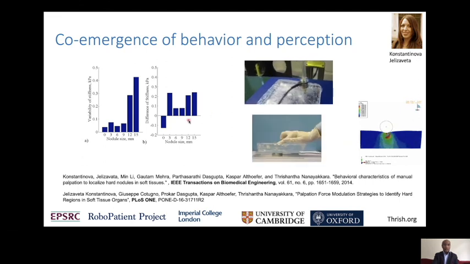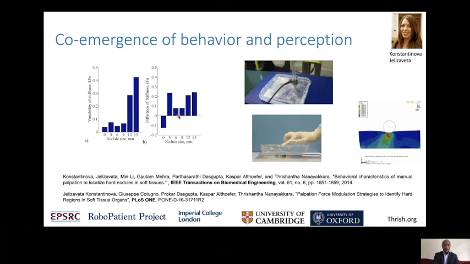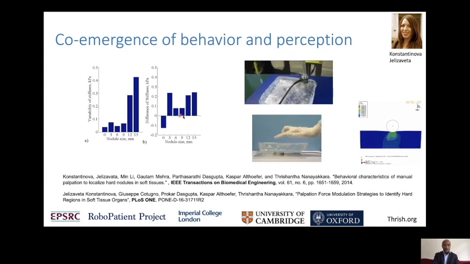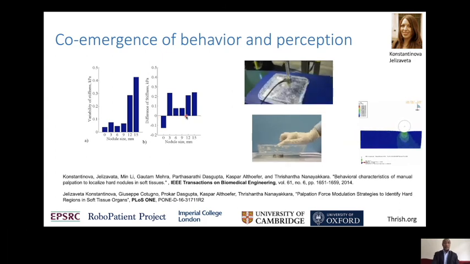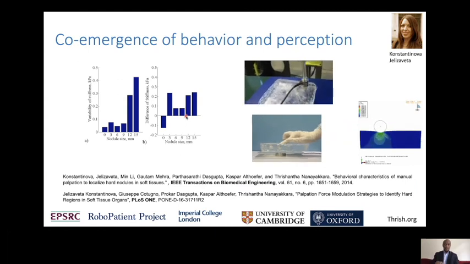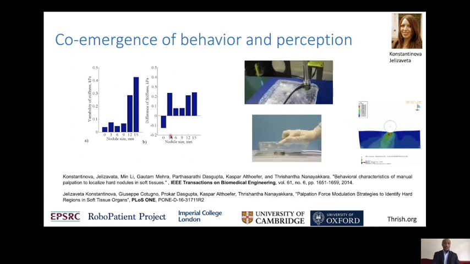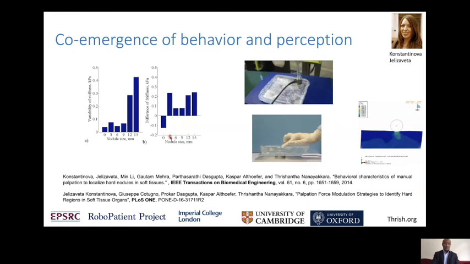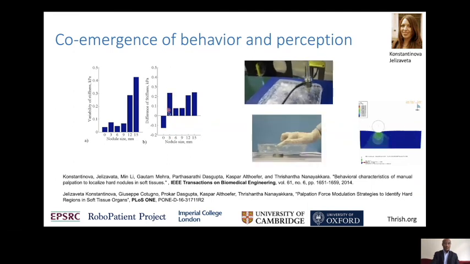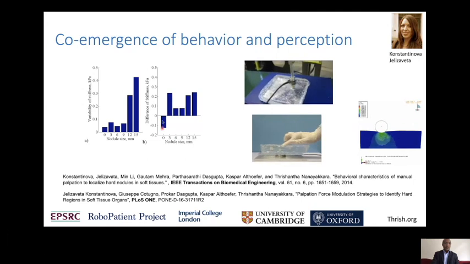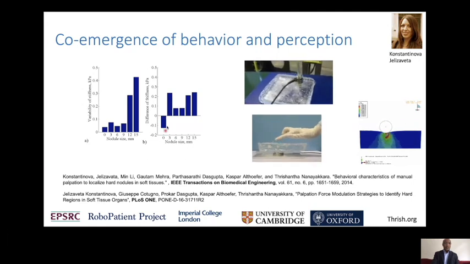What we see is that this 0 is the baseline, which is what you feel as the nodule when you just press without this wiggly movement. And then when you have this wiggly movement, if there is a nodule at a certain depth, which is 3 millimeter depth, you feel the nodule harder than what it is. And if there's no nodule, you feel the tissue softer than what it is.